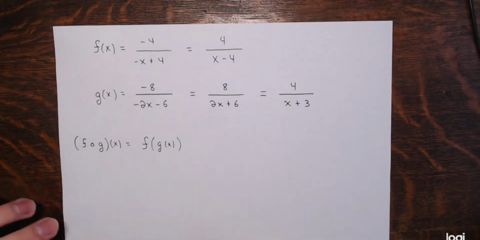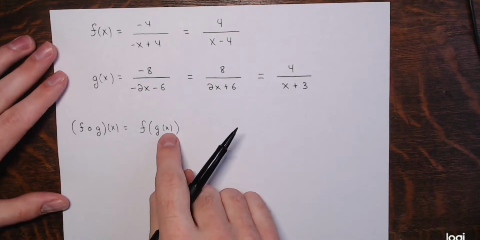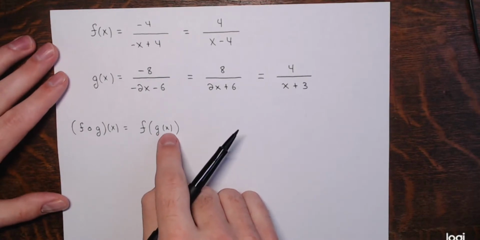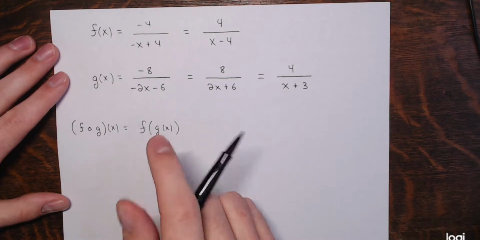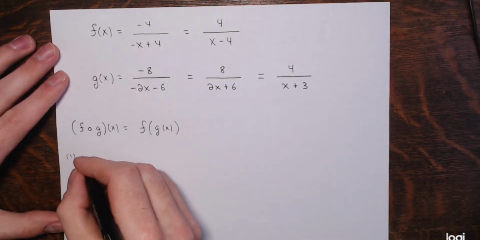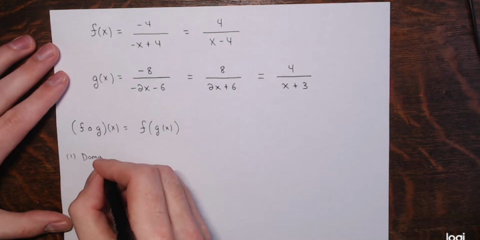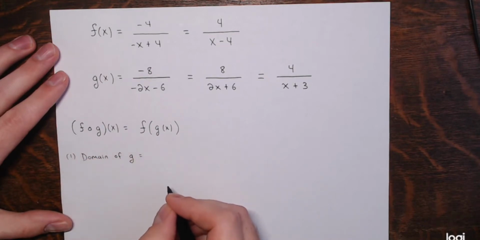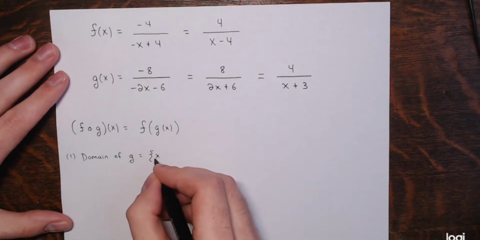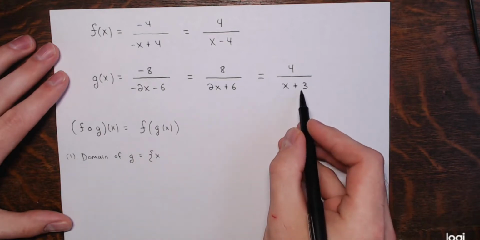All right, so as I was saying, first let's find the domain of the function we're first plugging into, which is g. So what's the domain of g? Well, the domain of g is all values. I can plug in anything for x except -3. Right, here's g.